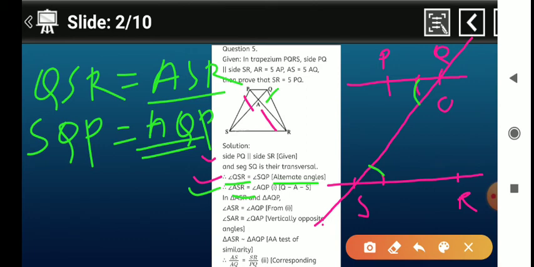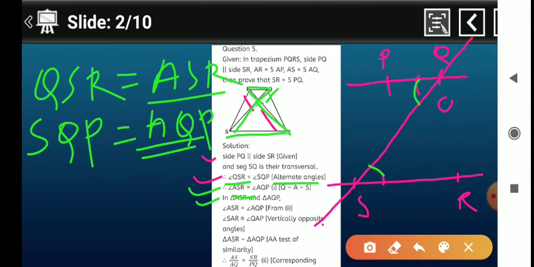Now see two triangles, triangle ASR and triangle AQP. In this figure, ASR is the larger triangle, and AQP is the upper, smaller triangle.